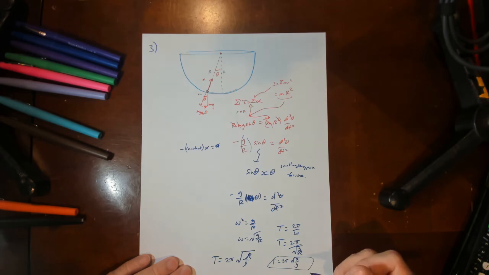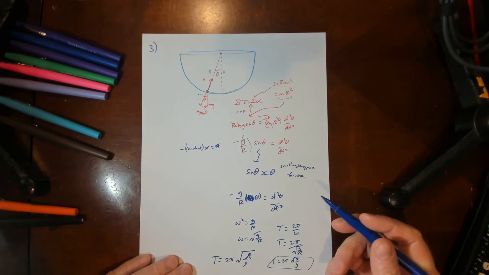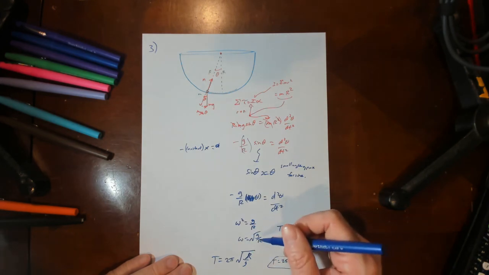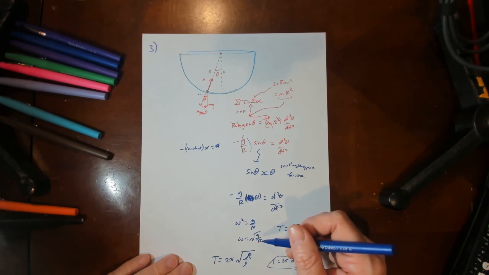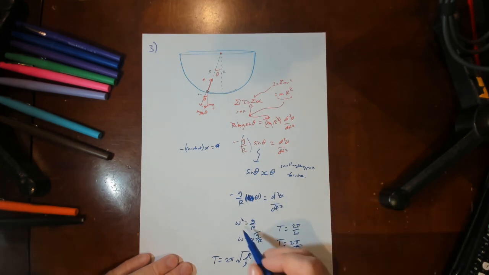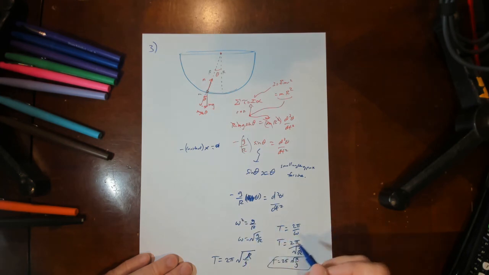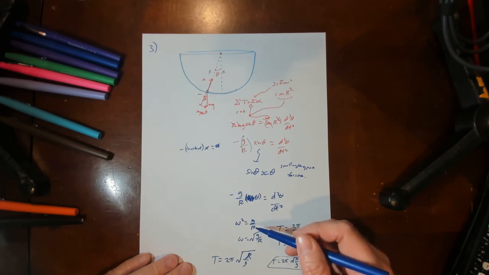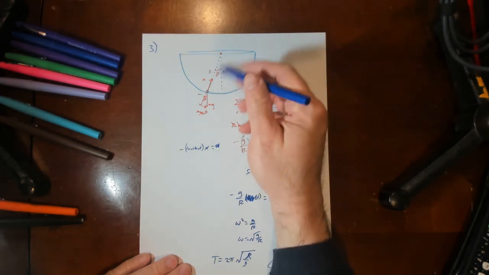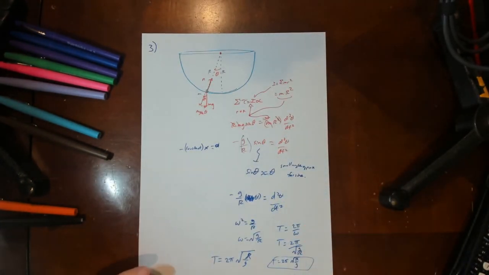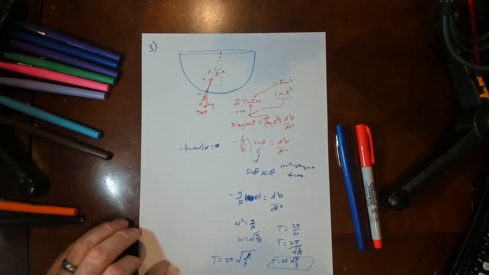Actually, I'm meant to show they have the same angular frequency, the same omega. Omega squared is g over r. We know that for a simple pendulum, it's g over the length, and the length of the pendulum, they said, is r. So yep, you get the same thing out. All right, that's problem 3.